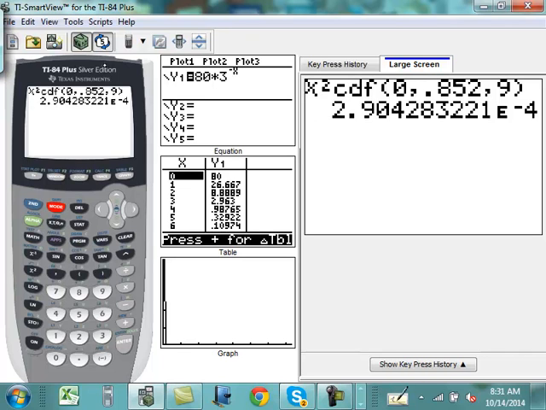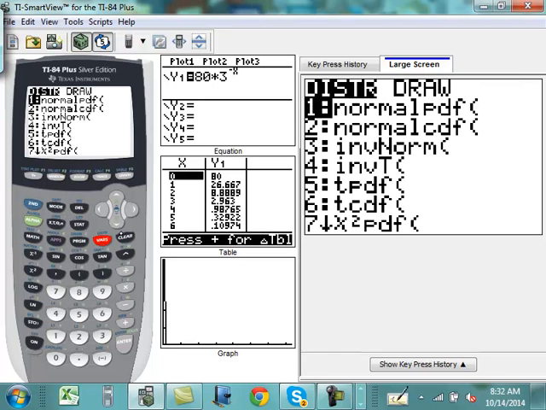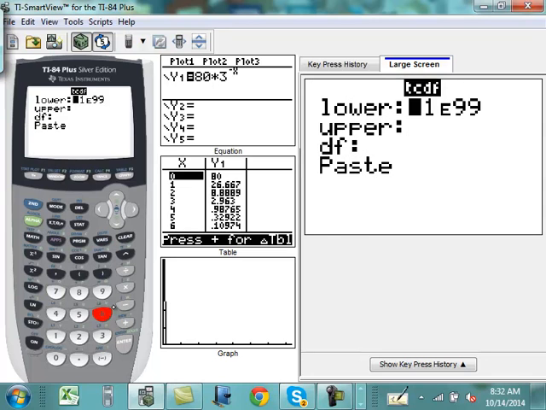Okay. Now, while I'm at it, I wanted to show you p-values for the t-distribution as well. This goes back to testing hypotheses for the mean. You go down to option 6, which is the t-CDF function.